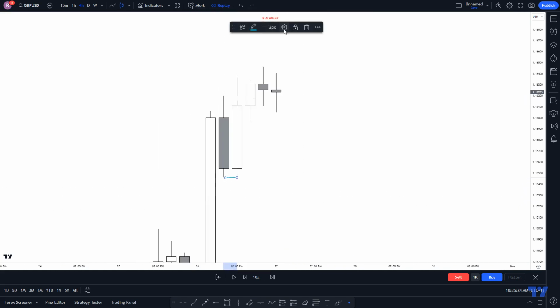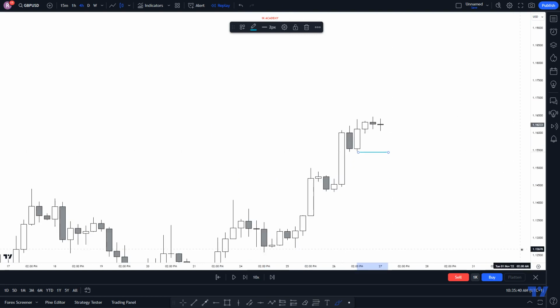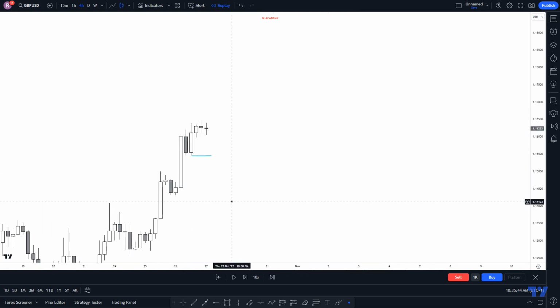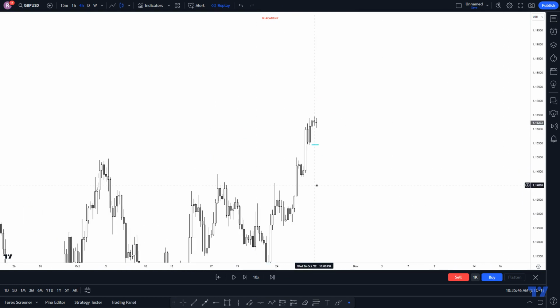So you can clearly see the price took out that low, and so that's basically a pullback. So what we have is price doing like this, and then going to the upside. So our inducement is basically at this point here. So that's where our 4 hour inducement is at that particular time, and then we expect price to do what?